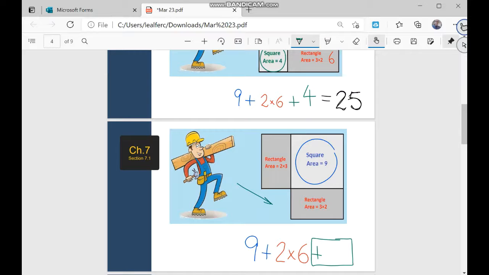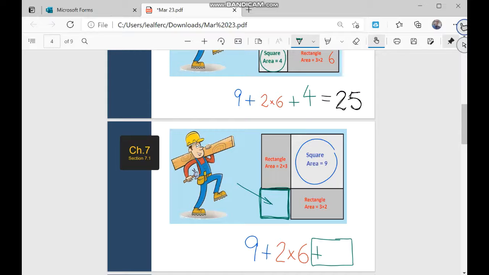Can you tell me? Can you see the break? There's a spot that's empty. Can you see it? Anyone? What is missing here? What's the number that you have to add to complete the square?